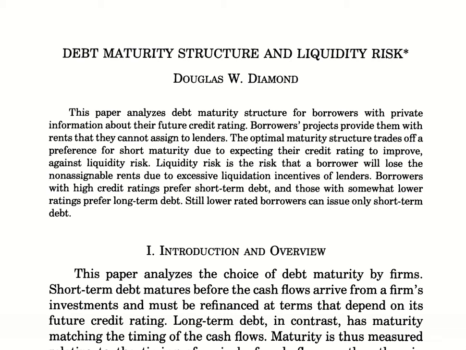Liquidity risk is a risk that a borrower will lose their non-assignable rents due to excessive liquidation incentives of lenders. Borrowers with high credit ratings prefer short-term debt, and those with somewhat lower rating prefer long-term debt. Still, lower-rated borrowers can issue only short-term debt.